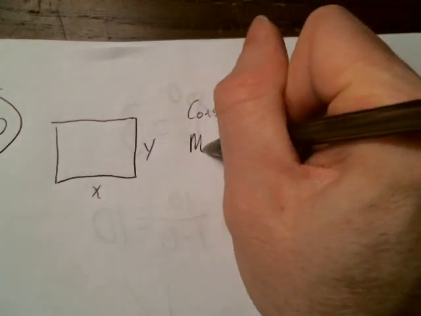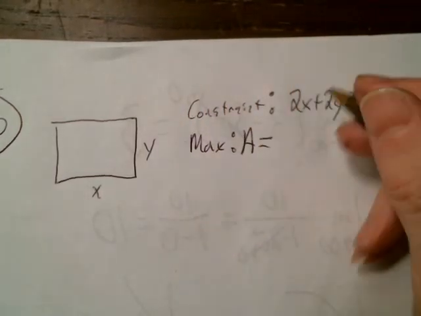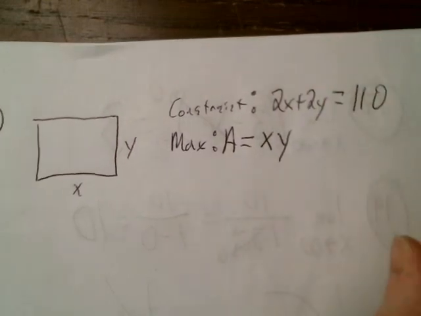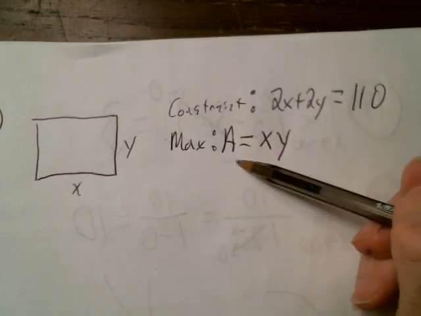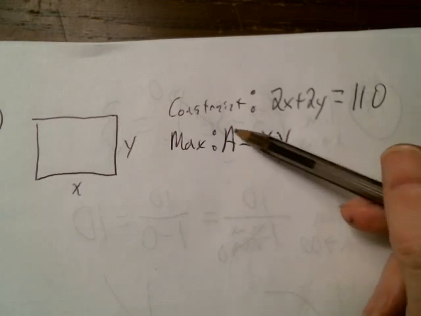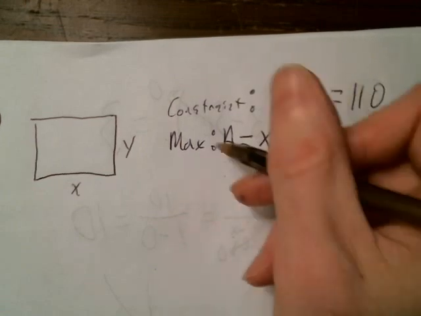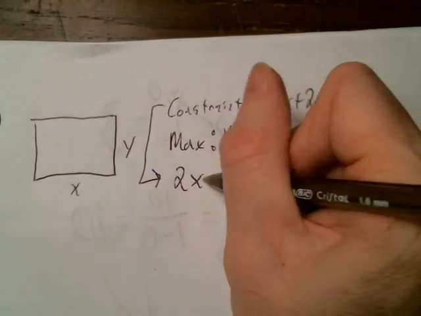And then the equation we want to maximize is the area. Right now, the area is in terms of x and y: x times y is the area. It's a common theme in these problems: you use the constraint to reduce the number of variables in the function you want to maximize or minimize. Then you take the derivative, find the critical value, and that's usually your solution.